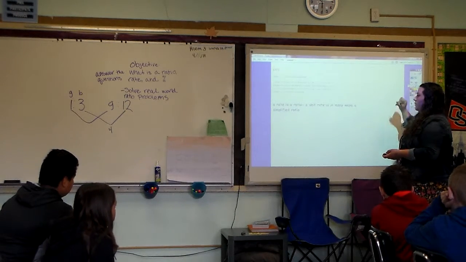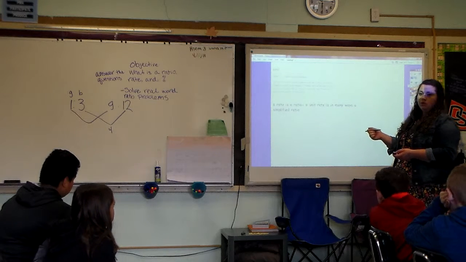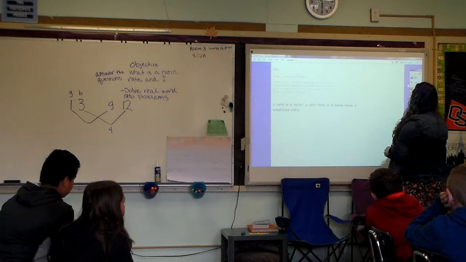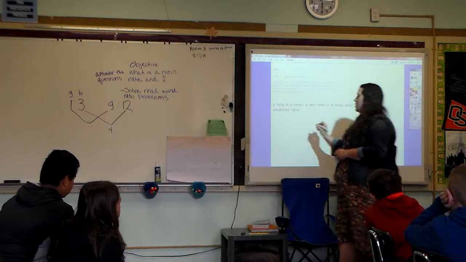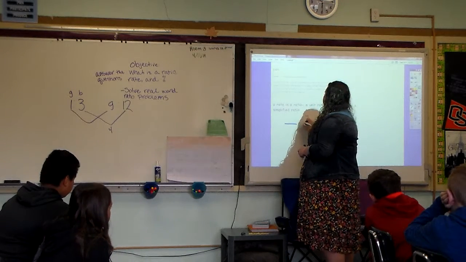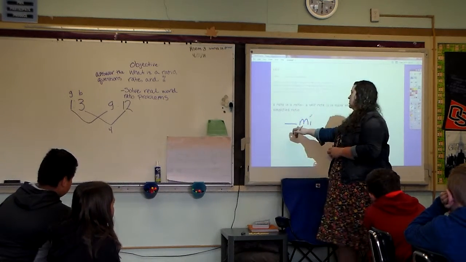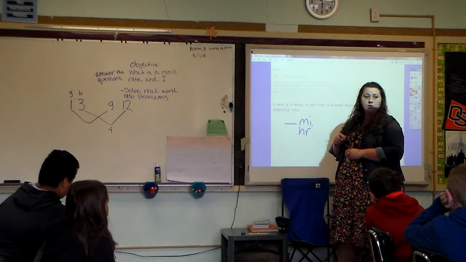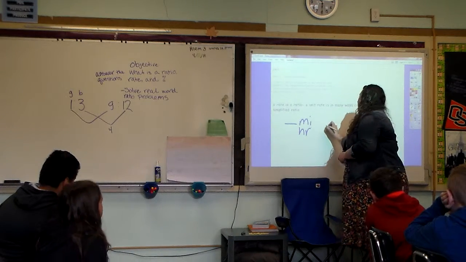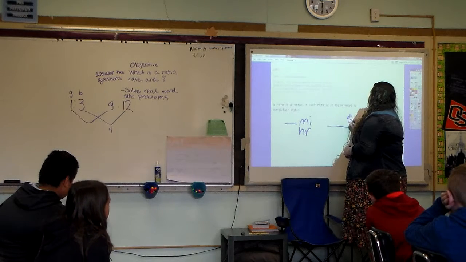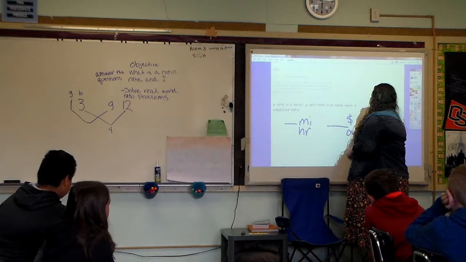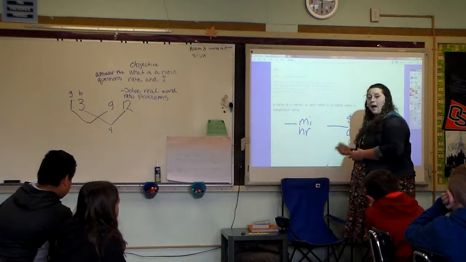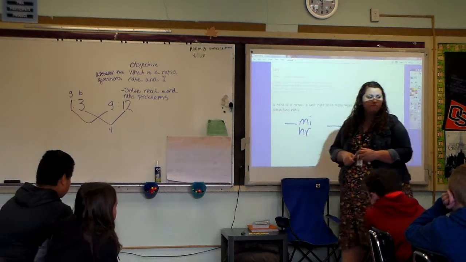So when we look back here, and we're talking about a unit rate, some unit rates that you'll see that'll be really common would be things like miles over hours, okay? Or it might be something like the price per ounce or pound, okay?